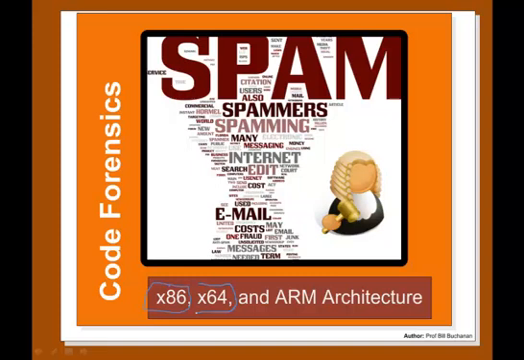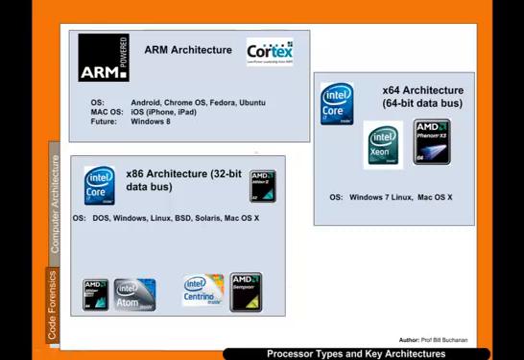We're now seeing 64-bit code, especially in Windows 7 64-bit, but increasingly we see this ARM architecture, which is used in mobile phone type technology. It's a low-powered type processor, and is now becoming extremely popular. So those are the three main classifications that we have.